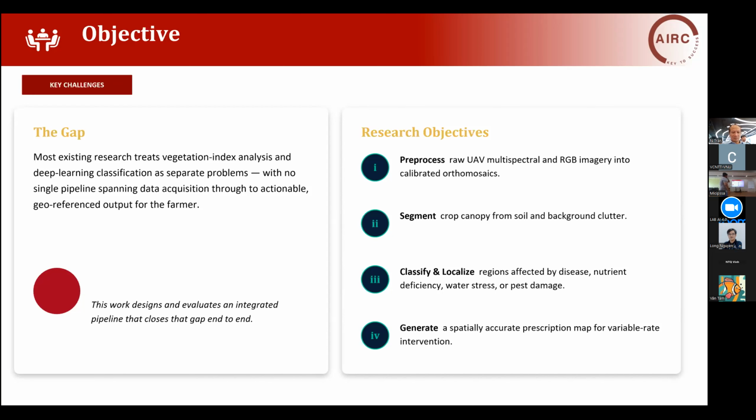And then we can classify the regions based on disease and need of water resources, nutrients, or pest damages. At last, the model will generate a spatially accurate prescription map, which will describe the area which needs improvement.